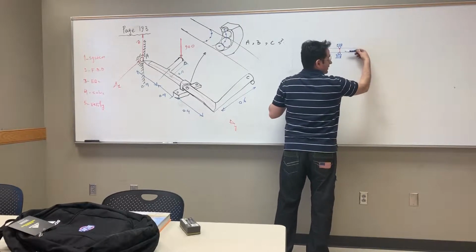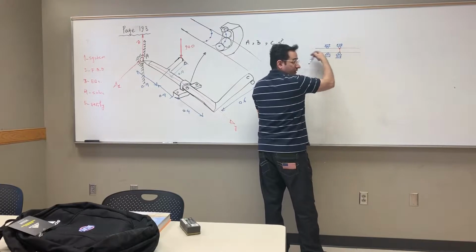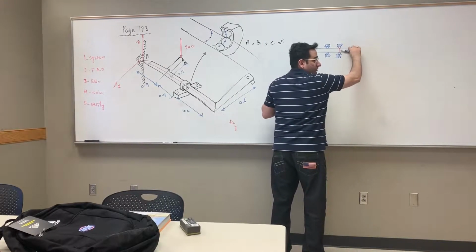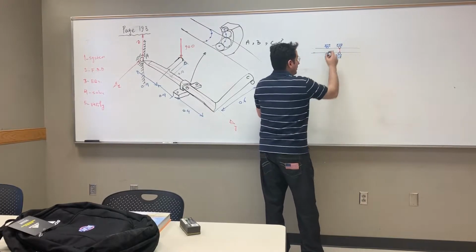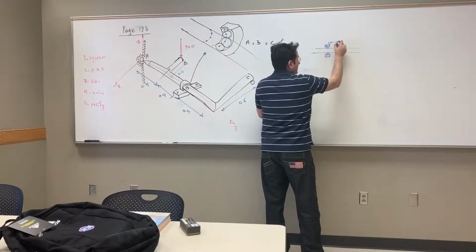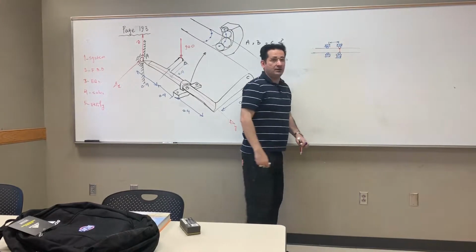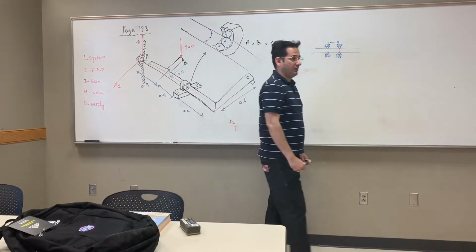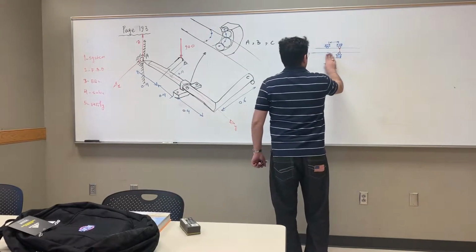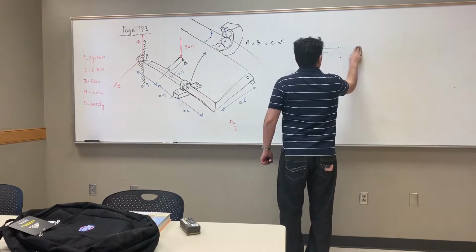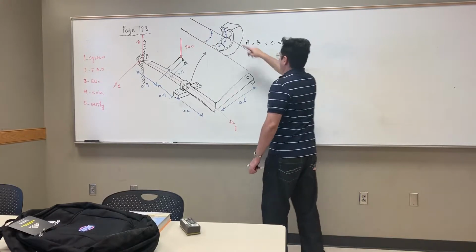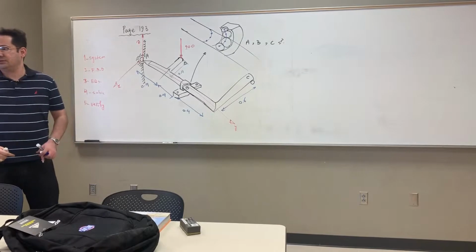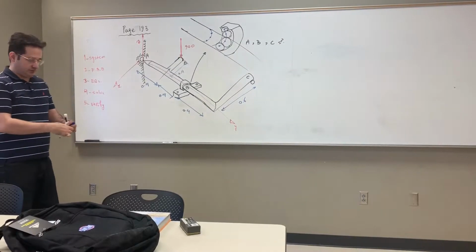Doesn't matter how many ball bearings you have, you can still rotate it freely this way, but you can't move it up and down like this, because this distance is going to create a moment that is going to counter your moment, right? So in this case, this is the difference. Here, in this problem, you only have one ball bearing, so you don't have any moment. It's just for force restriction.